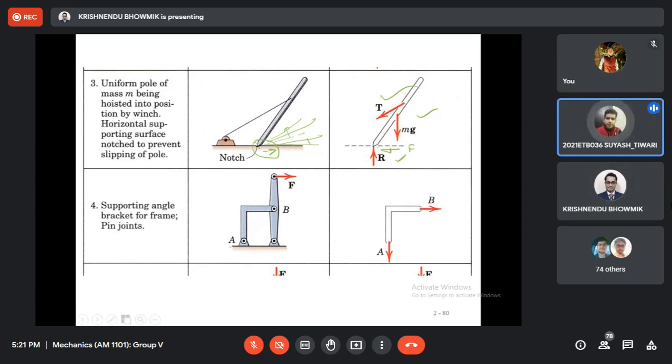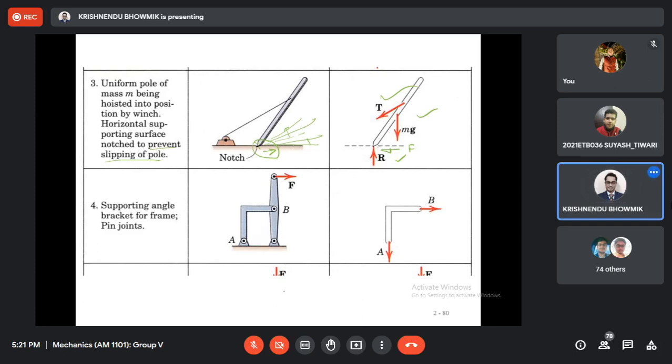Sir, what are we trying to do? Are we lifting it up or getting it down? Oh, I see, it is telling that to prevent slipping of the pole. So it is just going to slip in that direction.